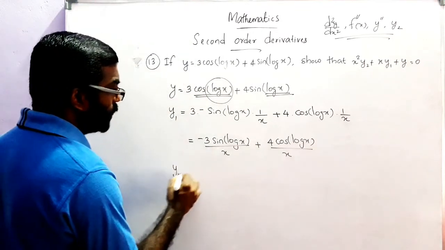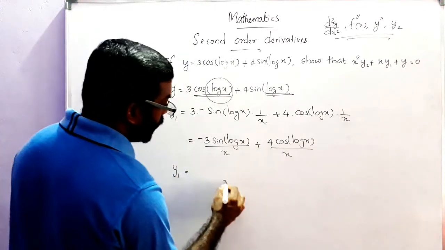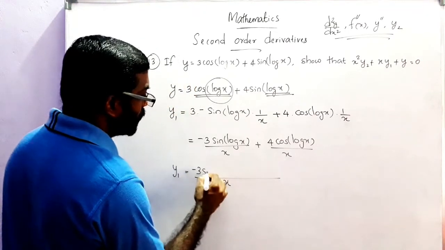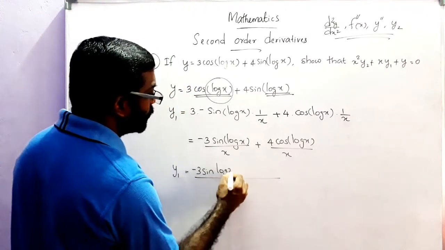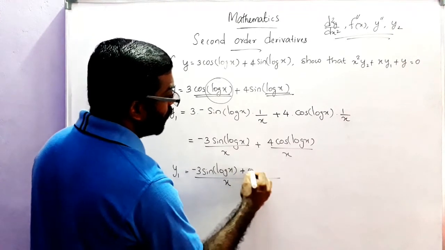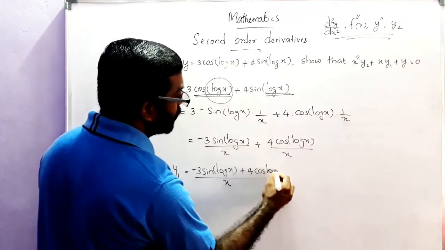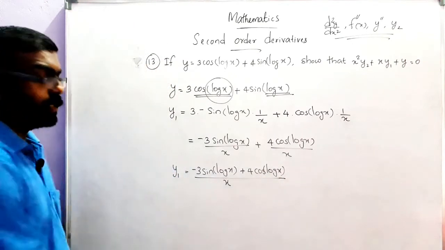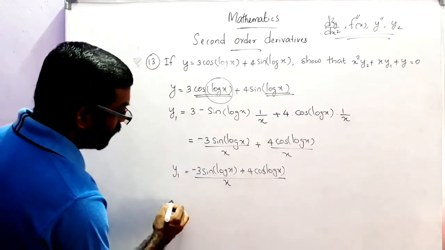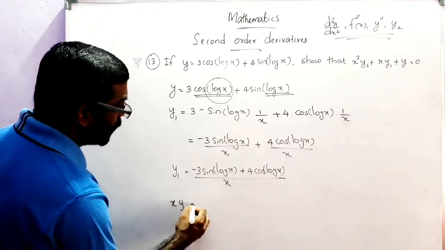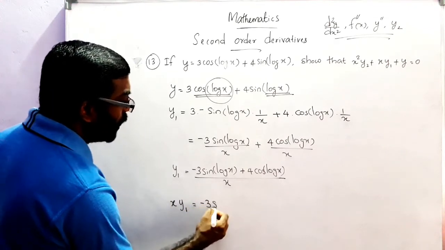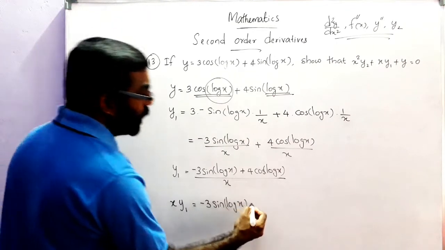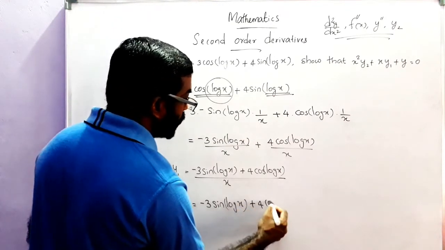That is, y1 is equal to, since the denominator is the same, minus 3 sin of log x plus 4 into cos of log x, whole divided by x. This x we can cross multiply, so we get x into y1 is equal to minus 3 sin log x plus 4 cos log x.